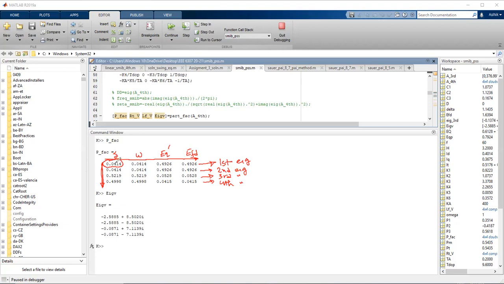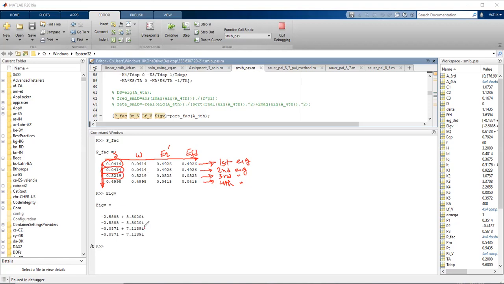So it's pretty low, okay? Loosely coupled. Low participation of delta in the first eigenvalue, or low participation of the first eigenvalue in the state delta, whatever you say. Similarly, the second eigenvalue has small participation in delta. Okay. The third eigenvalue has the most participation in delta.